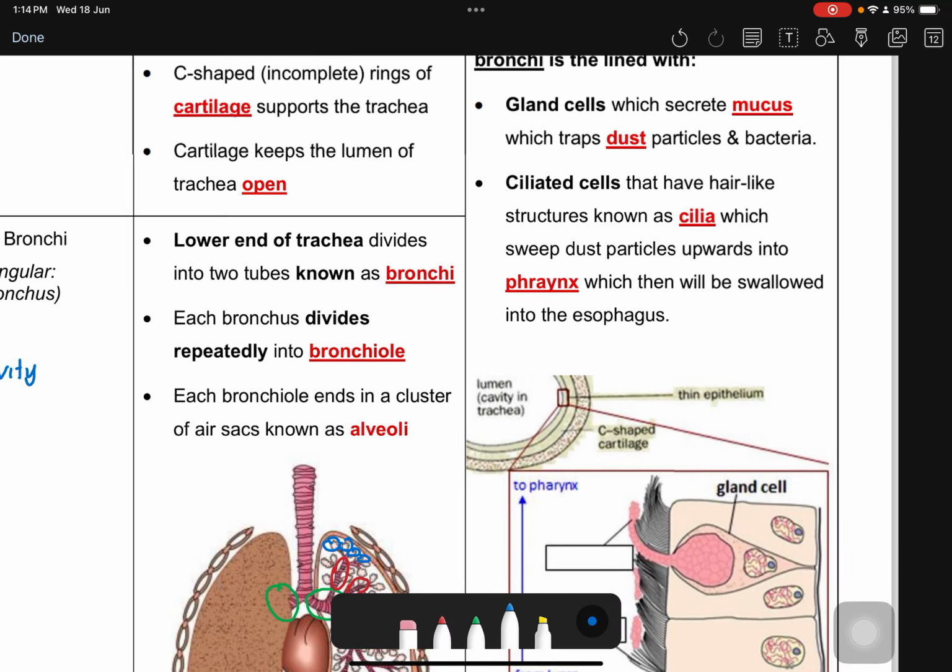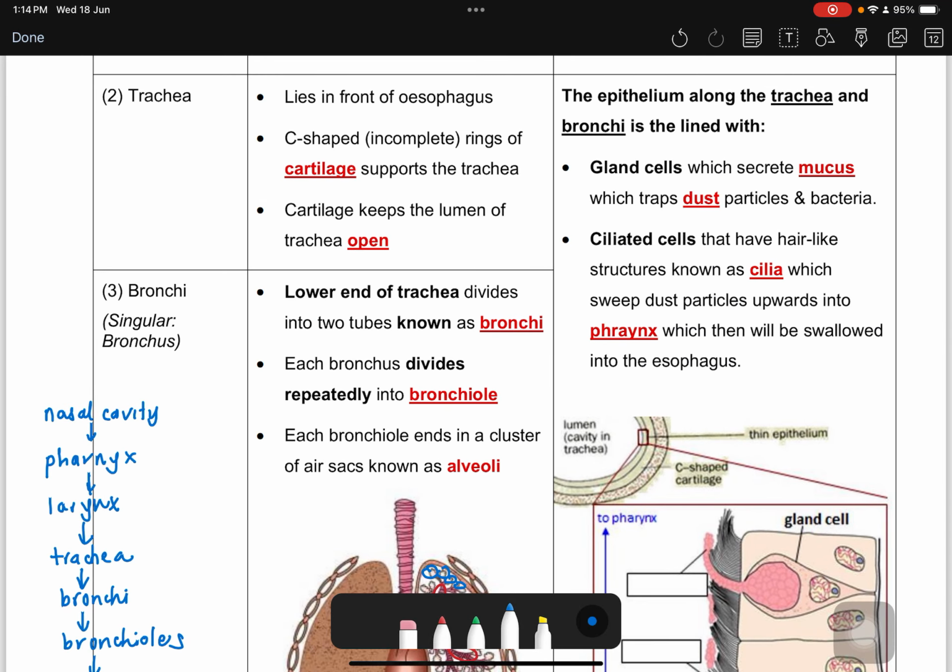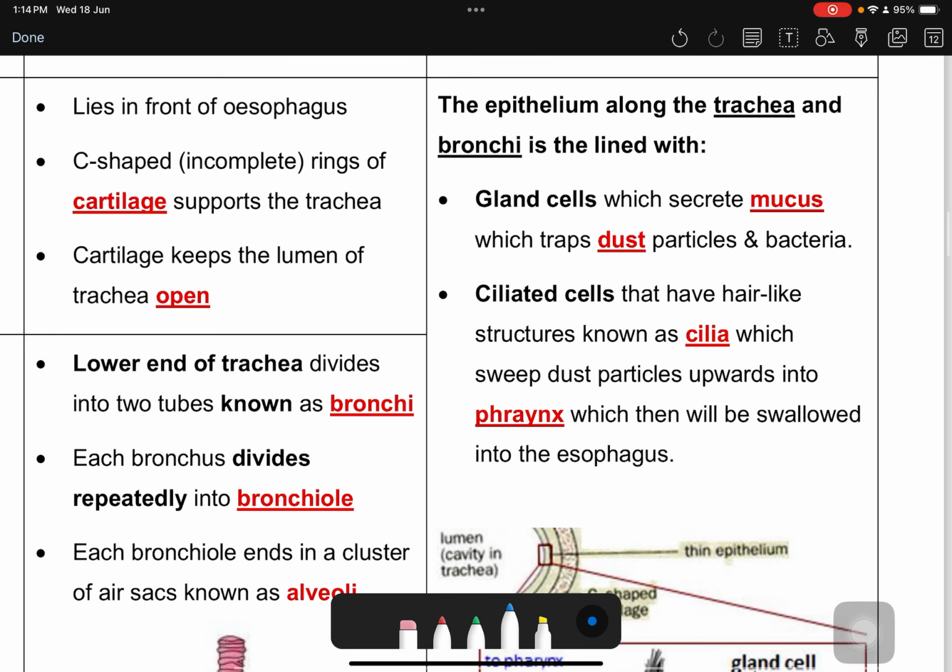Let me turn your attention to the two different cells that I briefly mentioned in the earlier part of the video. So along your trachea and bronchi lies an epithelium, a layer of cells, if that's easier for you to appreciate. Along this membrane, there is a layer made up of two types of cells.